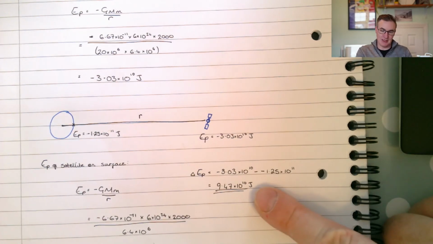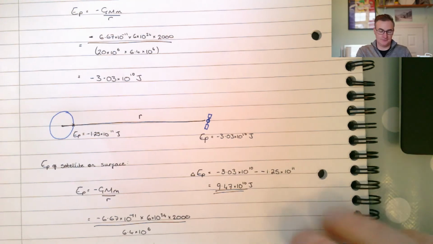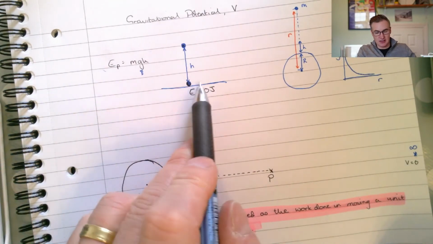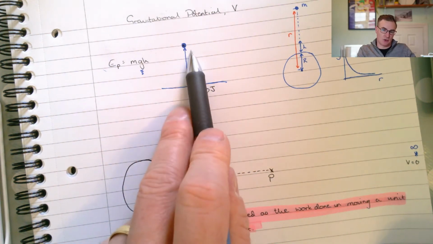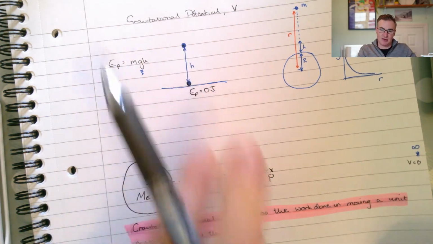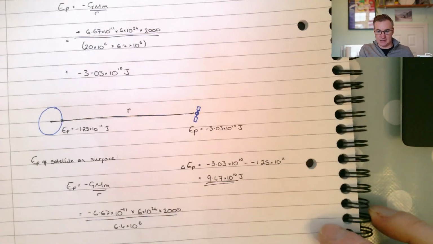And so it is still fine. It works in exactly the same way as here. As we move it up, we give it energy. We do work on it, which is stored as potential energy.